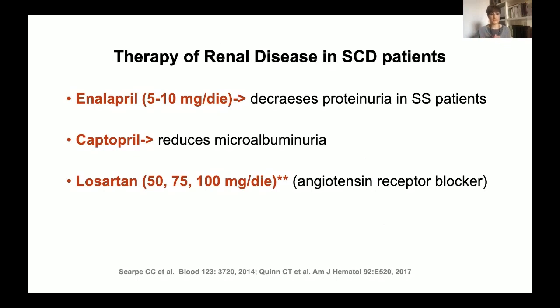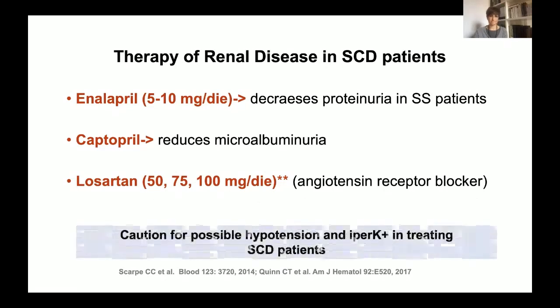These have been carried out with enalapril and captopril, which are ACE inhibitors, and among these studies, the one with the angiotensin receptor blocker losartan, with dose escalation from 50 to 100 milligrams per day, seems to be the most interesting, showing a beneficial impact on the ACR ratio with minor or no effects on glomerular filtration, but at least showing protective evidence on proteinuria.